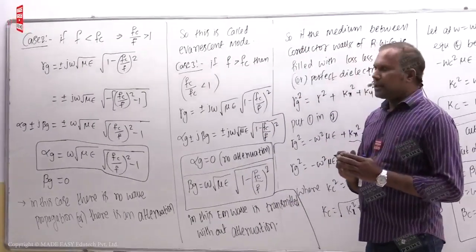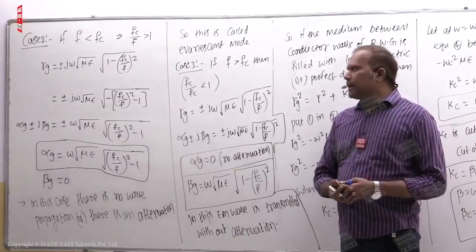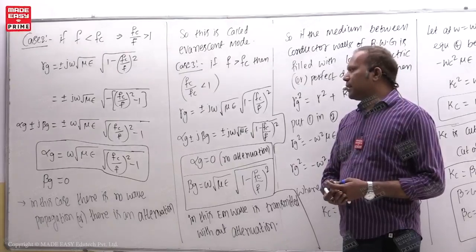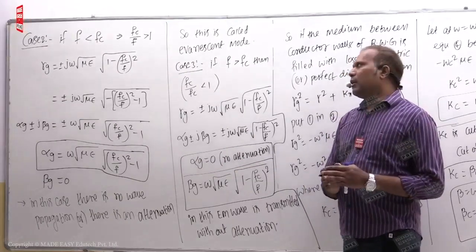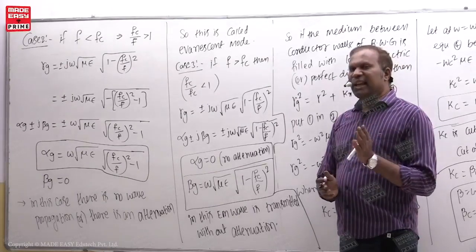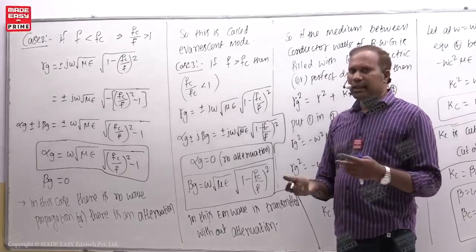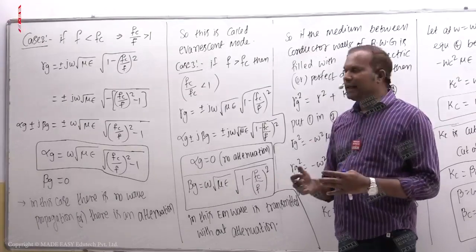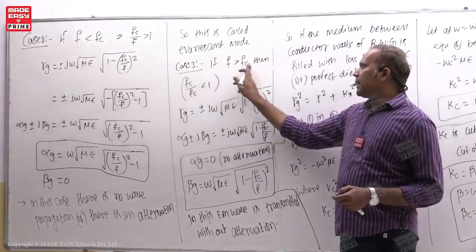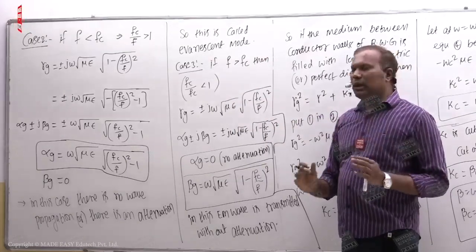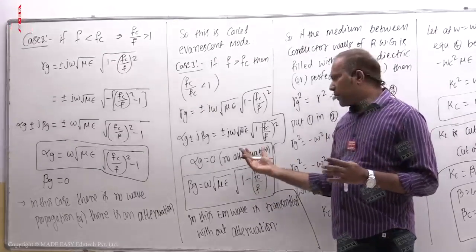So conclusion is, case 1 f is equal to fc, there is no wave propagation. Case 2 f less than fc, here also there is no wave propagation. That is why in a waveguide, if f less than or equal to fc, then there is no wave propagation. Only case 3, if operating frequency is greater than the cutoff frequency, then only wave propagation is possible without attenuation.